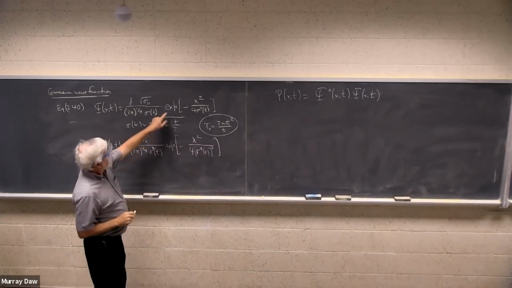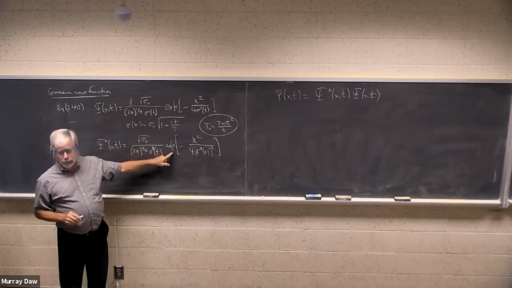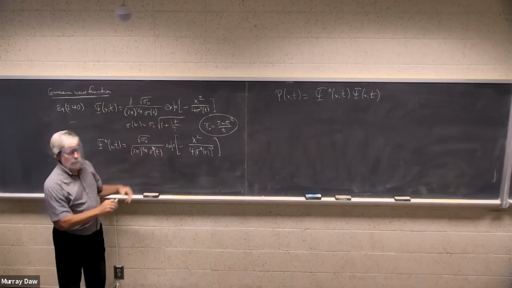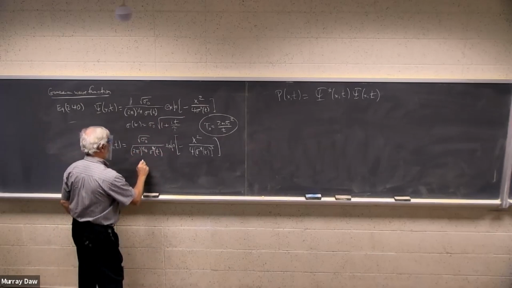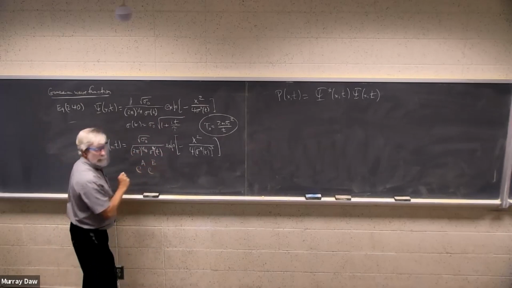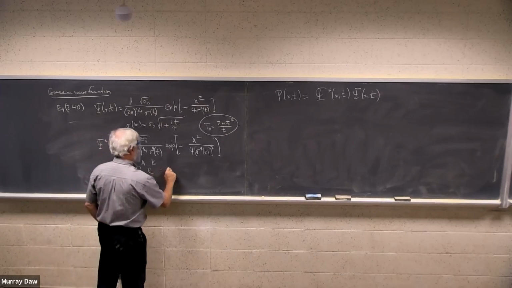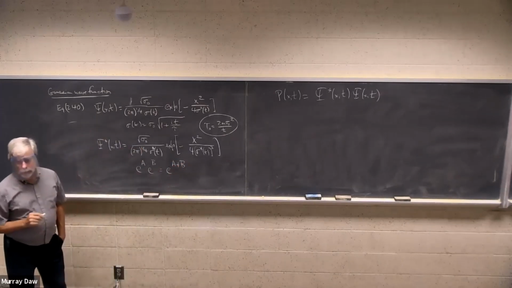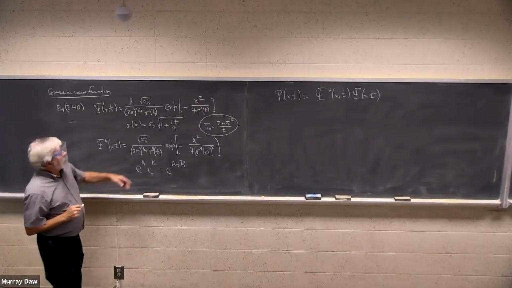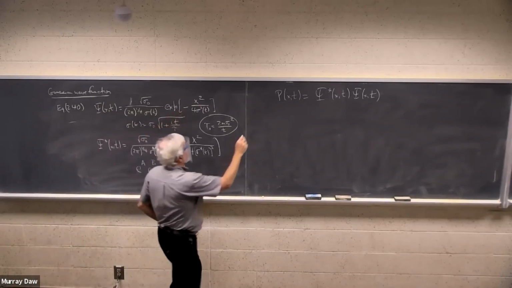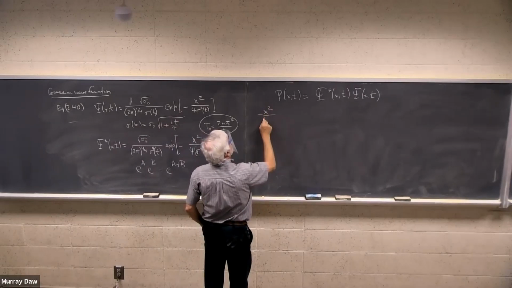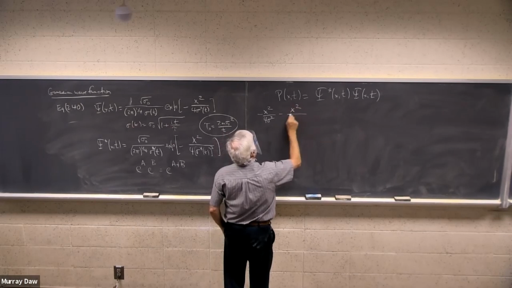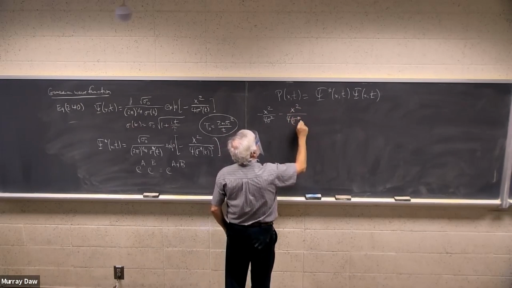Okay, so we're going to multiply these two exponentials together. Multiply two exponentials. What does that give? Say again? Add. You add the exponents. So you've got minus x squared over 4 sigma squared minus x squared over 4 sigma star squared.